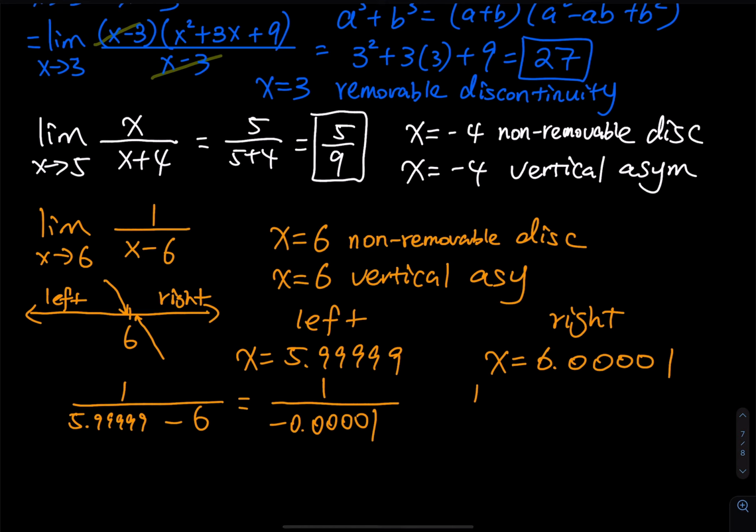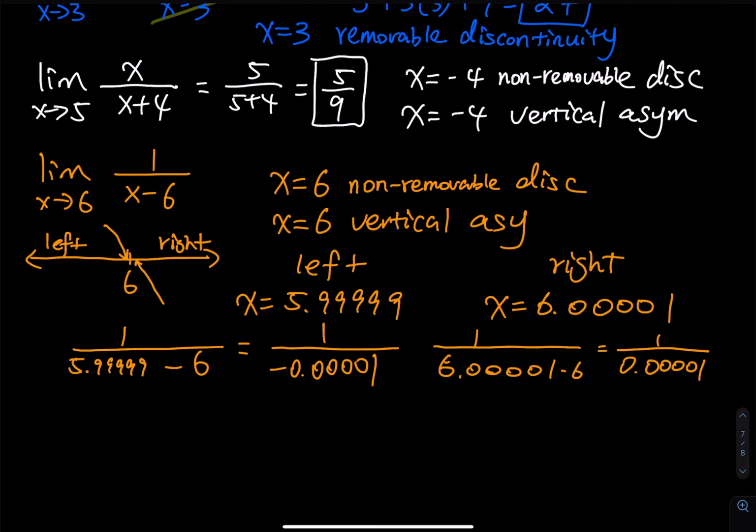On the other hand, we have 6.00001 minus 6, so that equals 1 divided by 0.00001, 4 zeros followed by a 1. What is 1 divided by that? That equals negative this, and this equals 1 followed by 100,000.